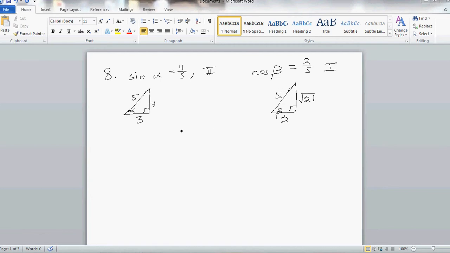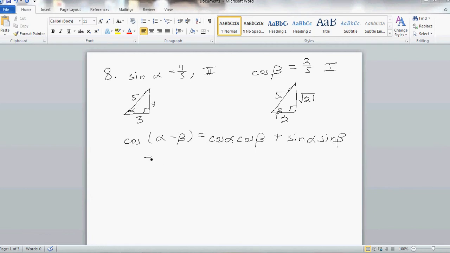And then what we are asked to do is to find the cosine of alpha minus beta. So that would be cosine of alpha, cosine of beta, plus sine of alpha, sine of beta. That is just simply using the identity.